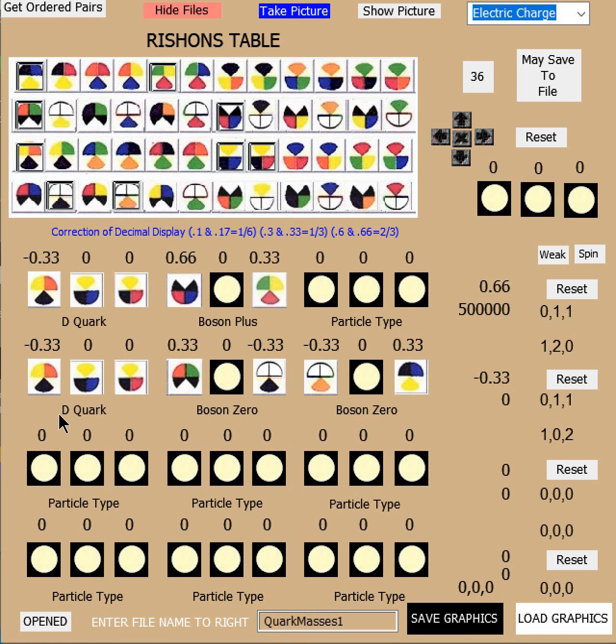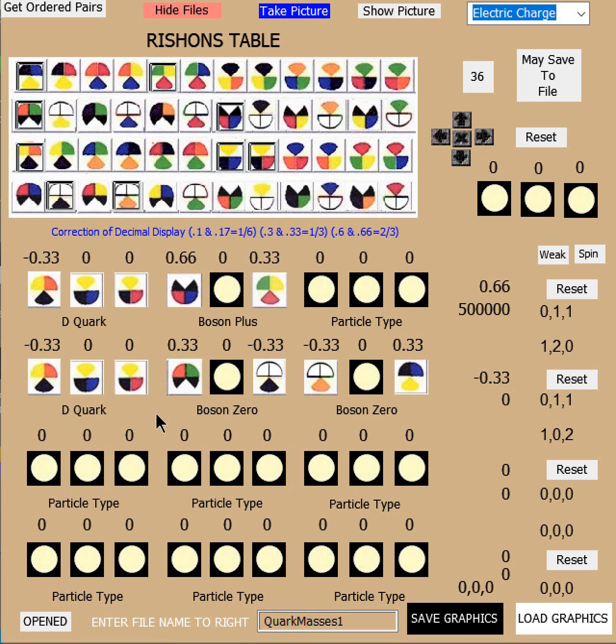Now let's look at the composition of the B quark according to this Rishon-like model. We have a generic D and we have 2 boson zeros. This boson zero being composed of a flavored and prime, and this one being composed of a prime and a generic.